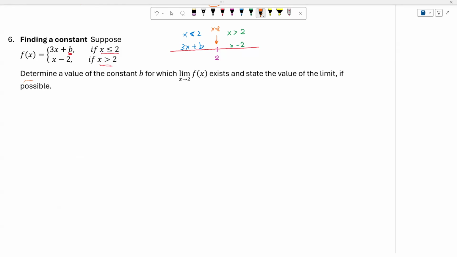So now let us look at the problem. Determine the values of the constant b for which the limit exists. Okay, and we would like to state the limit if possible.